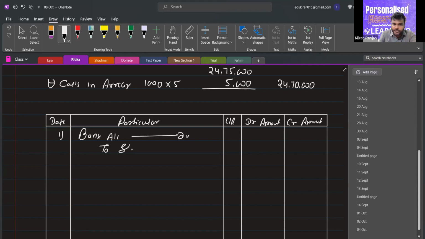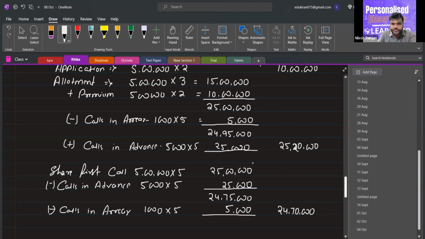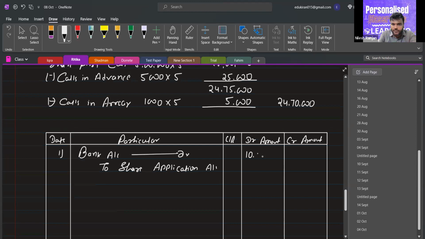Yes, sir. And now we have done all the calculation in the beginning, so we can easily write the amount from here. It is 10 lakh. Narration will be: being share application money received.